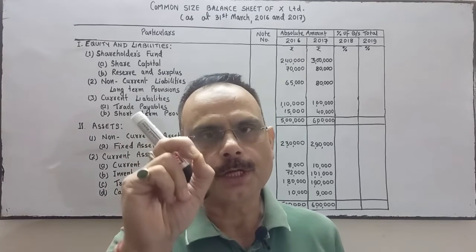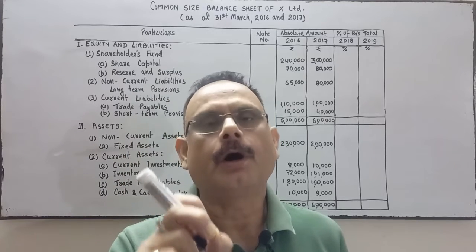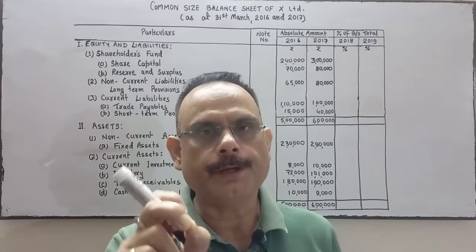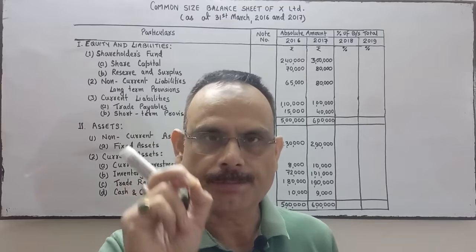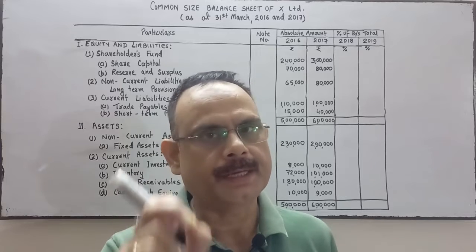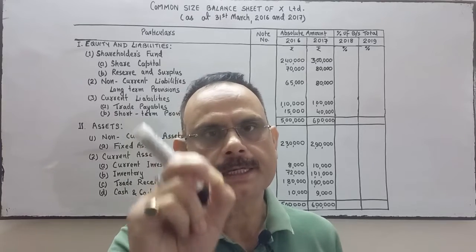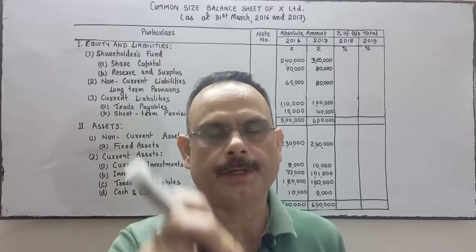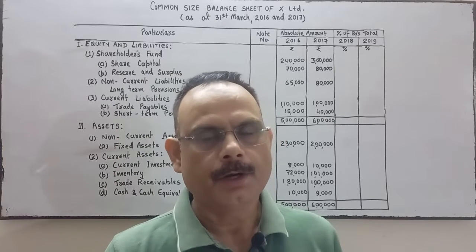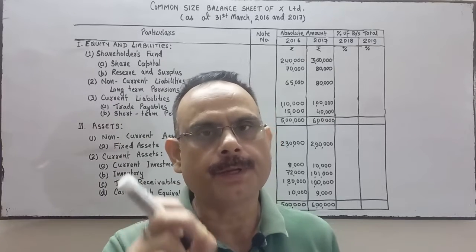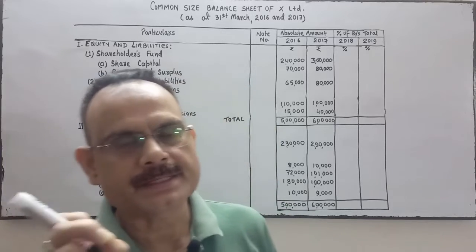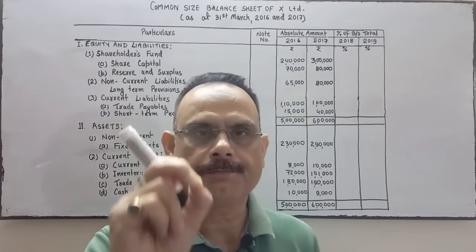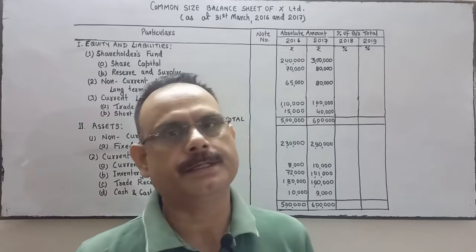In the common size statement, suppose we are going to prepare the common size statement of balance sheet, total of assets or equity and liability will be taken as 100 as base, and accordingly the percentage of each and individual item of assets and liability will be calculated and expressed in terms of percentage of each and every item in the balance sheet.